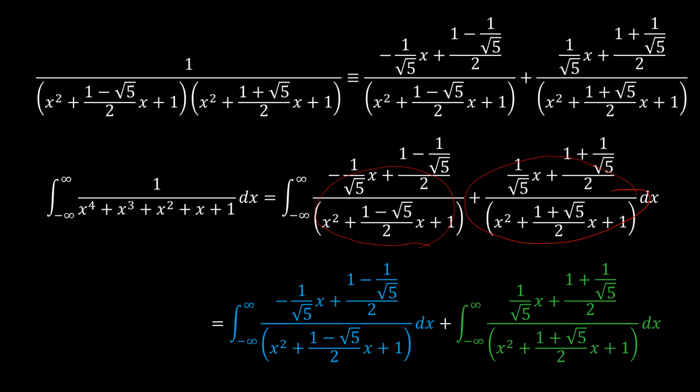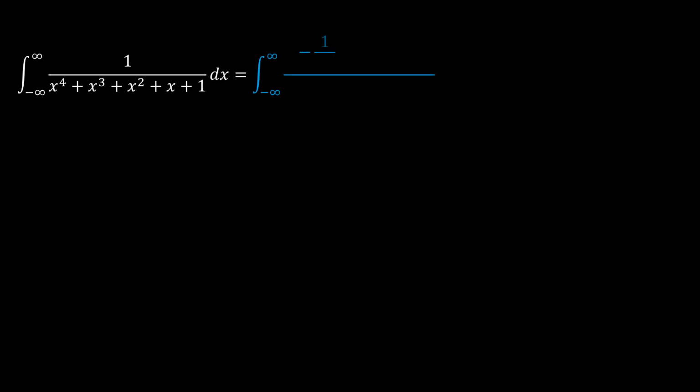We're going to deal with these two integrals separately and then combine the results we get. So this is the new integration set we have: the blue and the green integrals. We're going to start and focus on the blue integral.